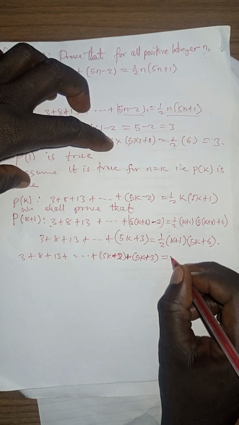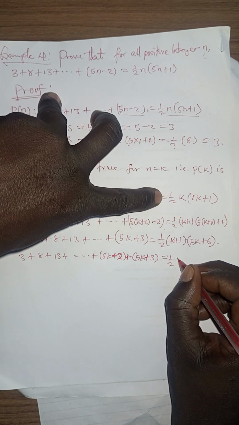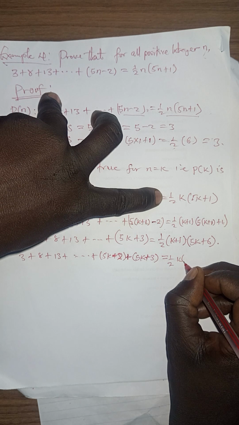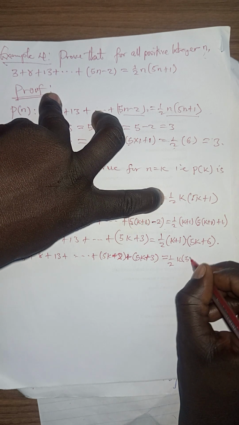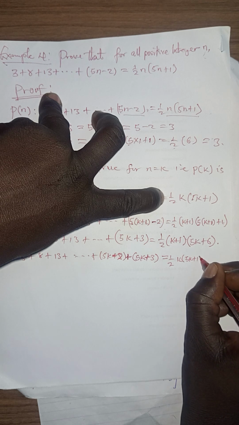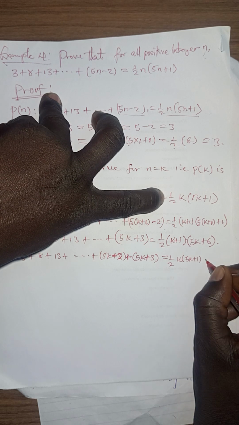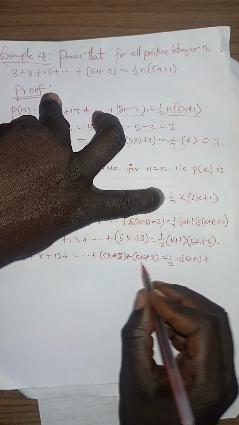So this is equal to half of k into 5k plus 1, and then plus 5k plus 3, because we have added it as a term.